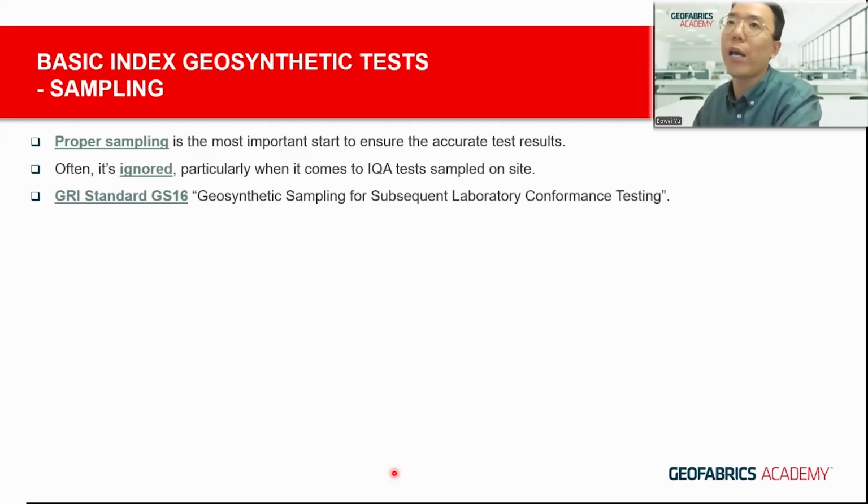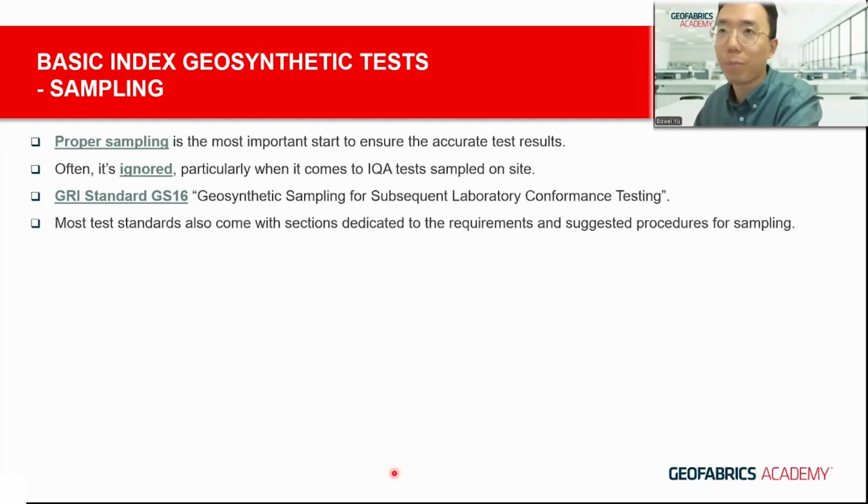And we do have certain standards. For example, the GRI standard GS16 is dedicated to how you can properly sample the specimens you want to send to the geosynthetic lab to do the testing without disturbing the specimen and affecting the results. And most test standards also come with certain sections dedicated to the requirements on sampling as well.